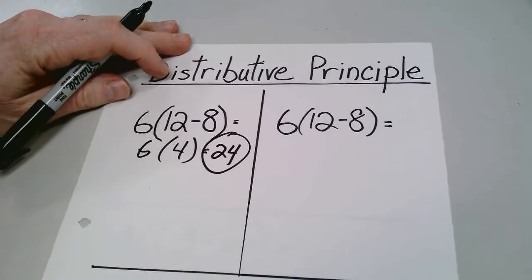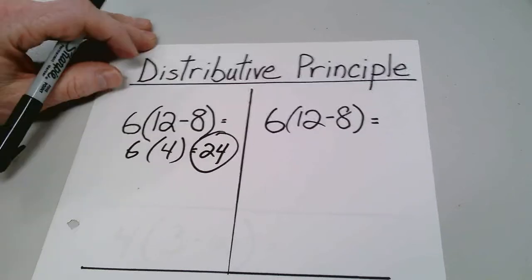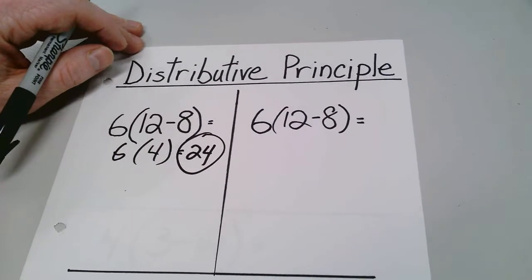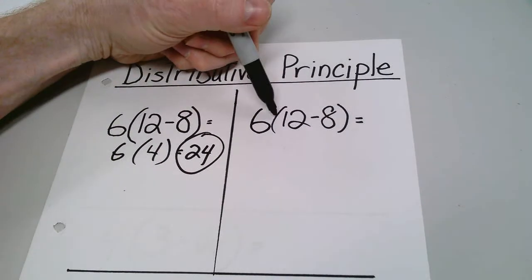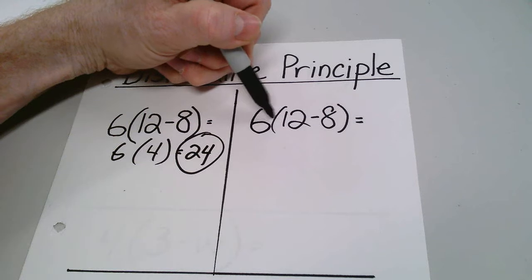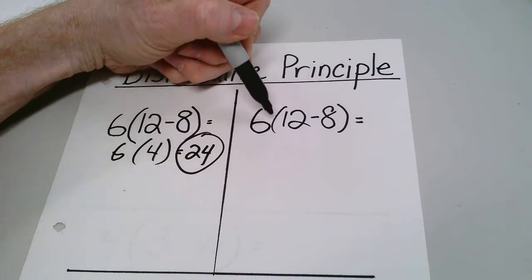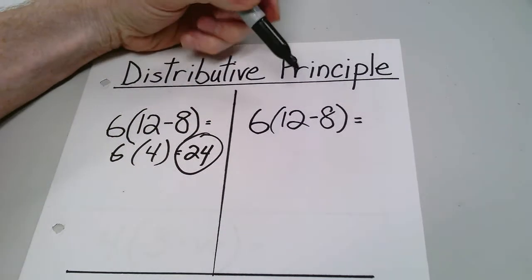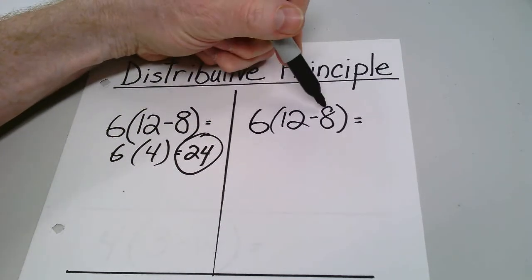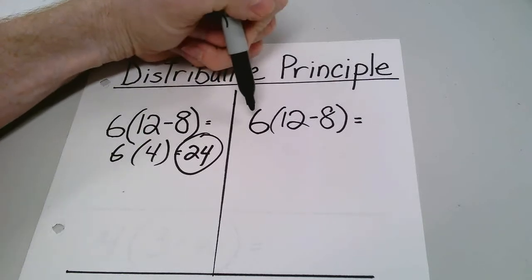Now the distributive principle says there's a second way that you can do this, and that is if you have a number outside a bracket like this and there's nothing in between, we know it's times, you can actually multiply anything that's inside the brackets by that 6.